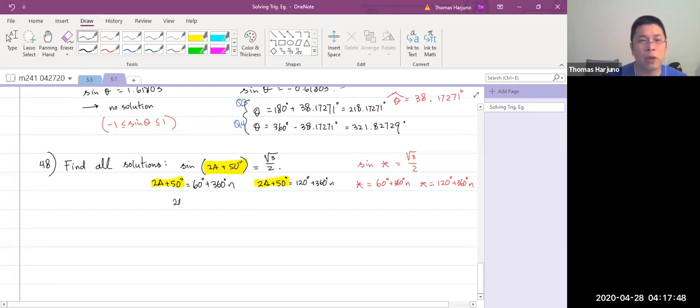Okay, so 2a equals 10 plus 360 degrees n, and divided by 2, there will be 5 degrees plus 180 degrees n. And 2a equals 70 degrees plus 360 degrees n, and a is 35 degrees plus 180 degrees n.